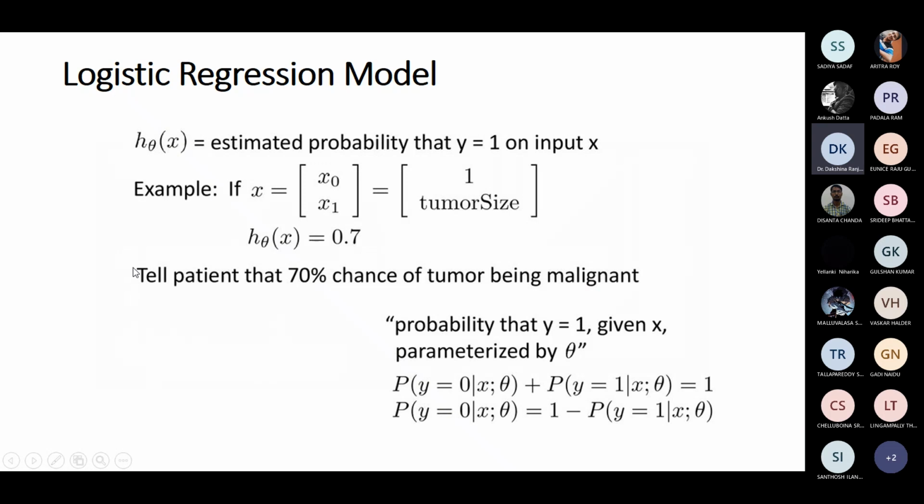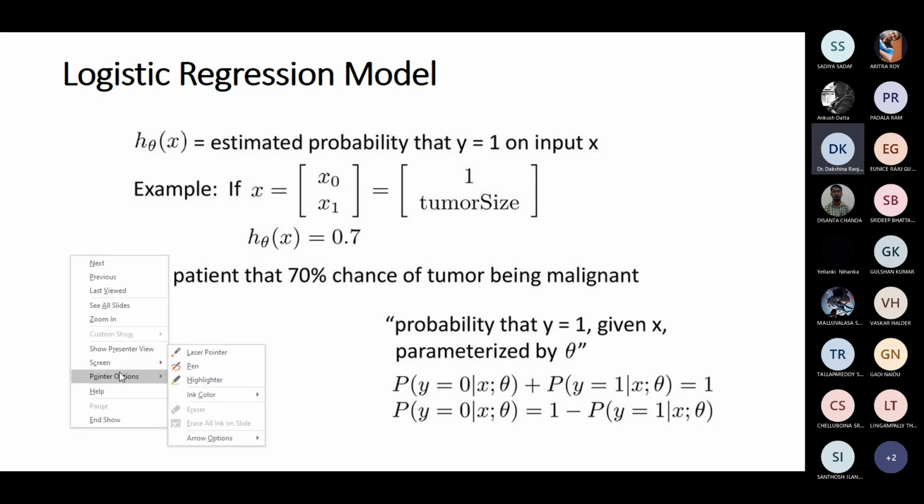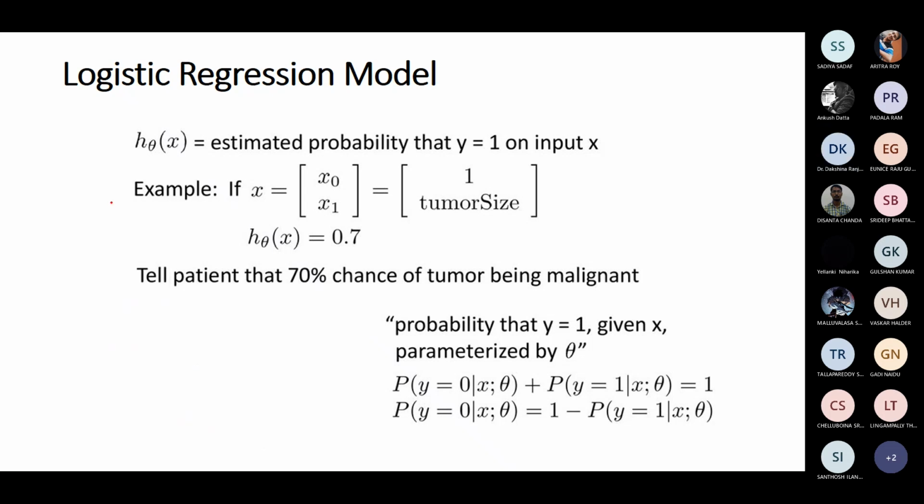Now let us consider we have been given a tumor size, and we have to classify this tumor either into the malignant category or the benign category, and here the data is given by x0, x1. So x0 is 1 and x1 is the size of the tumor, and here h theta x is the estimated probability, or we can say the hypothesis that we have to estimate.